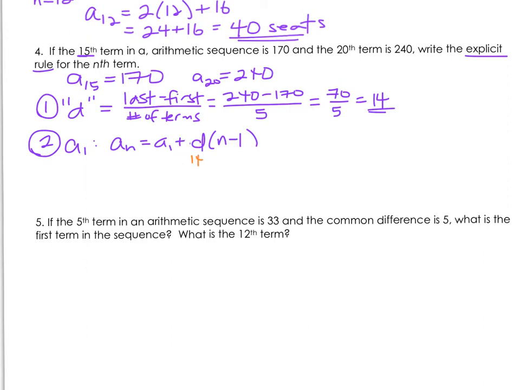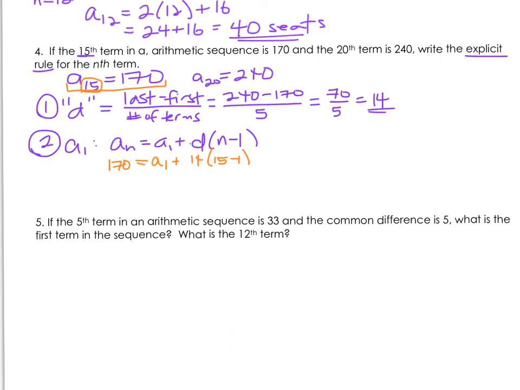Then I'm going to take either the 15th term or the 20th term. It really doesn't matter which one you pick. I'm going to pick this one. So when I plug in 15 for n, I'm going to use 170 for my answer on the left-hand side. The 15th term is 170. So if I drop down that a sub 1, now that's all I have left to calculate.